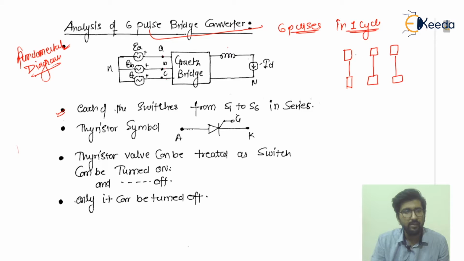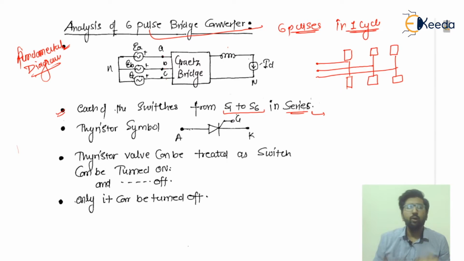This is the upper portion and this is the lower portion, and all are connected this way. This is one supply, this is another supply, this is the third supply. It is saying that the switches from S1 to S6 are all connected in series. And why are they connected in series?